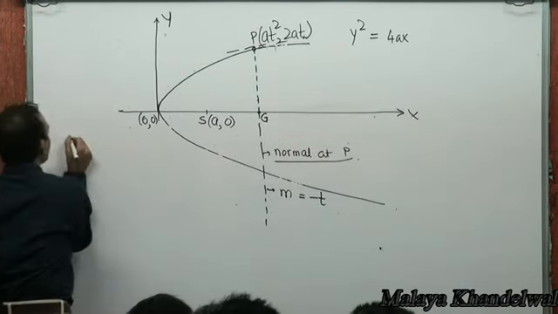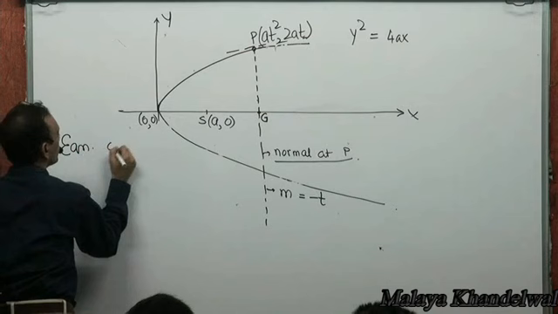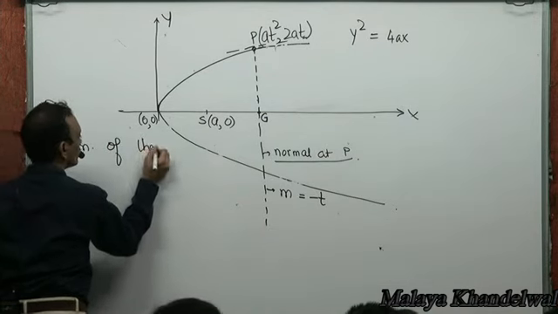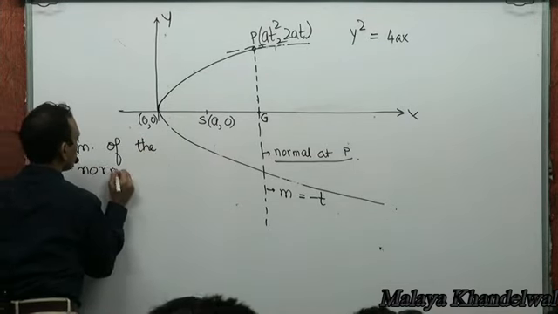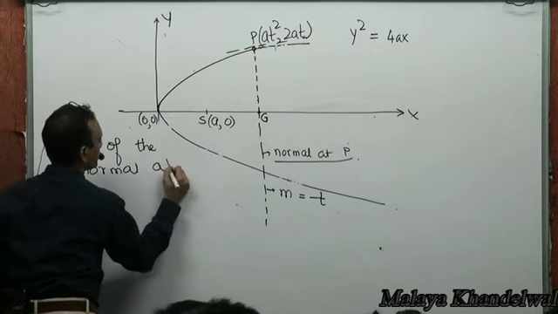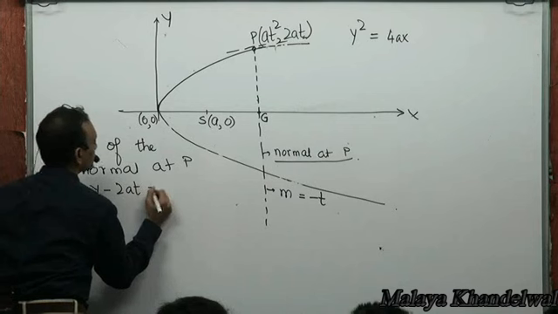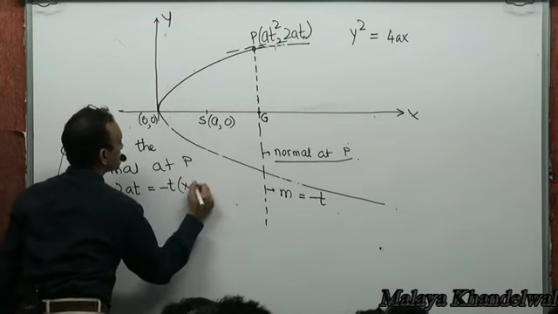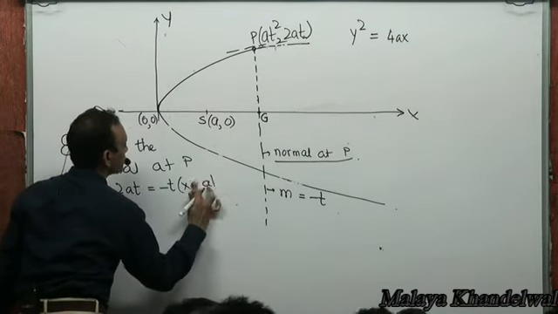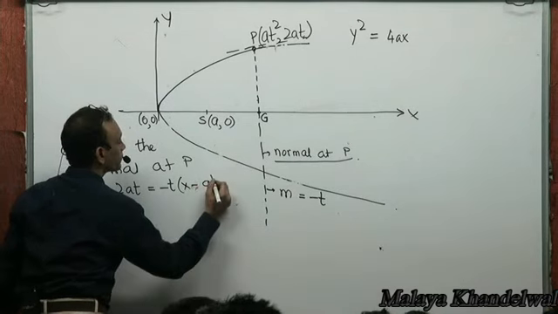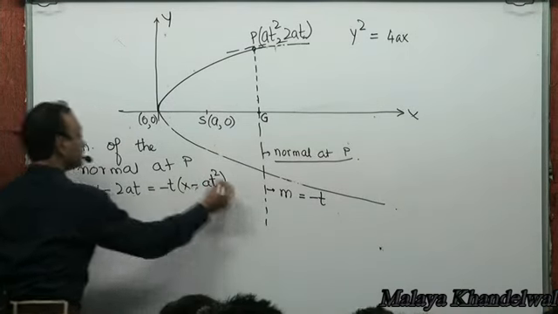Then the equation of the normal at P is y minus 2at is minus t into x minus at squared. Right?